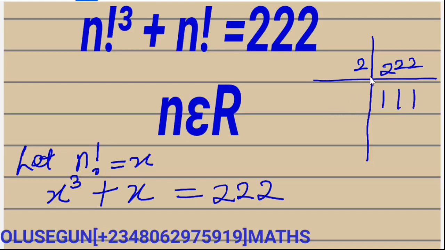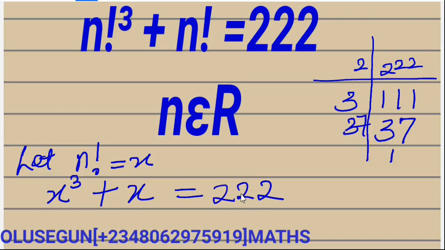Also, what can go into 111? Let's try 3. 3 into 9, we have 3. Yes, so it still remains 2. 3 into 21, it will give us 7. Yes, good. So the factors of 222 are 2 times 3 times 37.